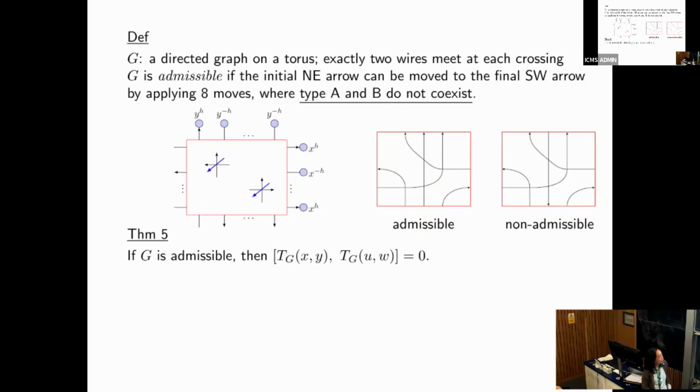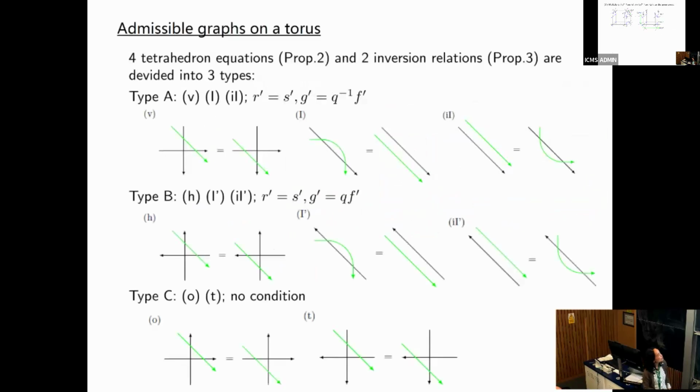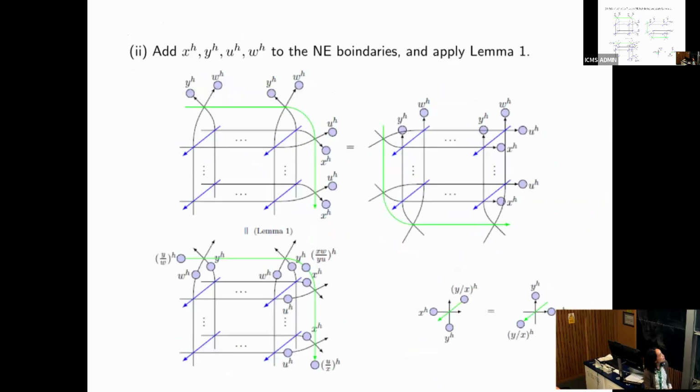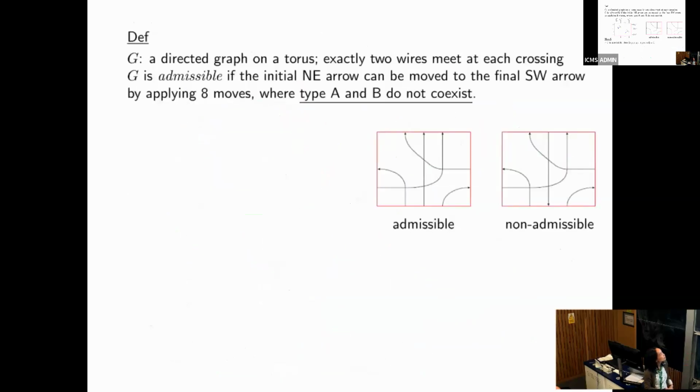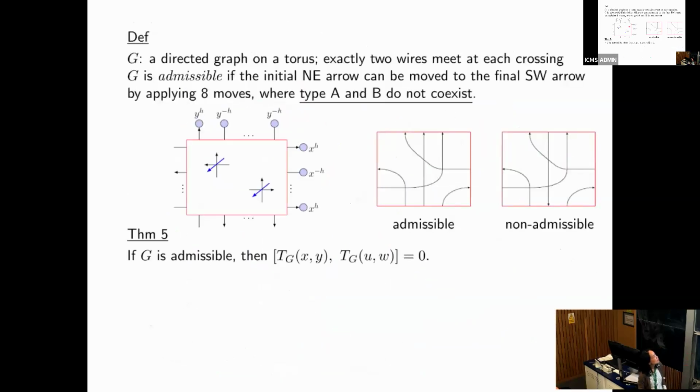When we deal with the square grid lattice, we add this blue ball in the same way, because these black arrows are always outgoing in the square grid lattice. But now we have a slightly different situation. Some arrows are going out, but some arrows are coming in.